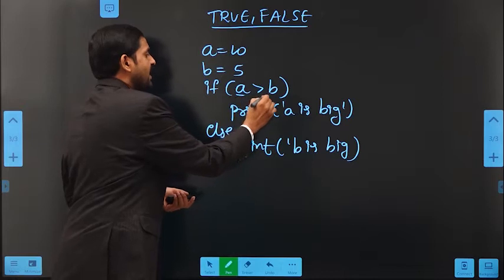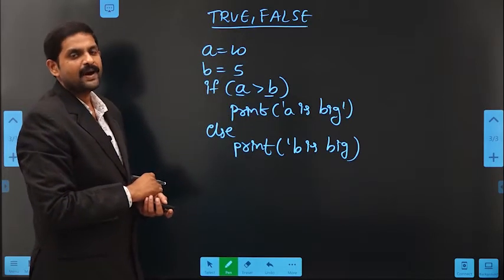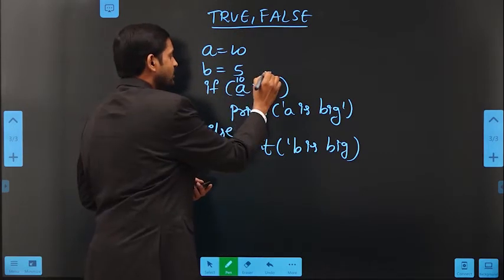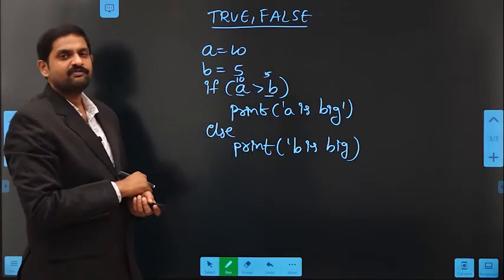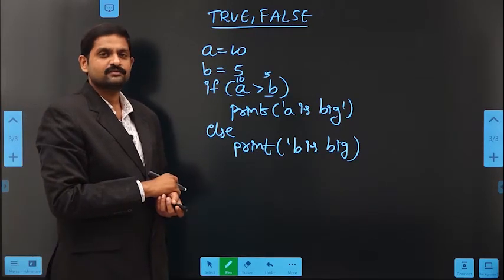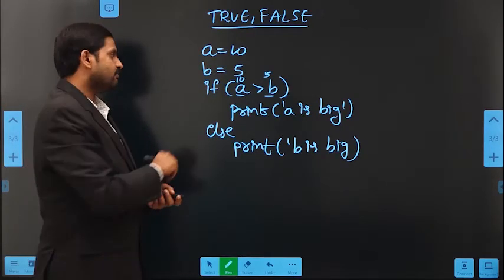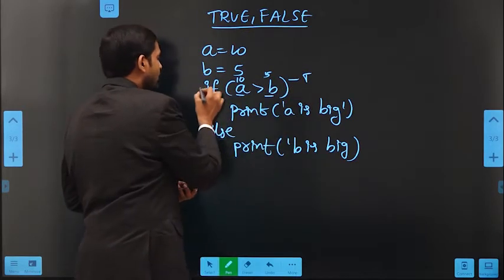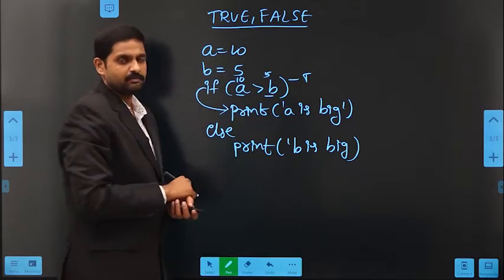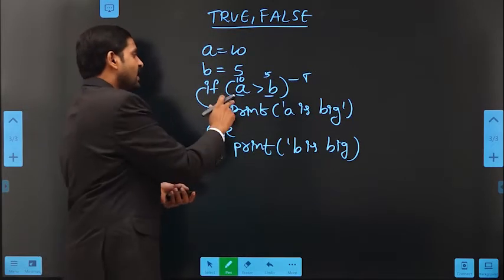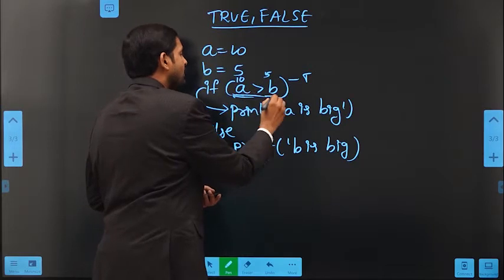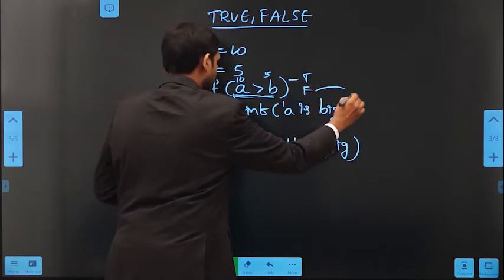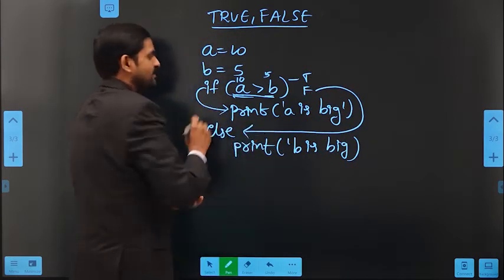Now A and B are compared together. A holds the value 10, B holds the value 5. 10 greater than 5, is it true or false? True. When it yields the result as true, control goes to the next statement. Suppose the resultant value of this comparison is false, then control goes to the else part.